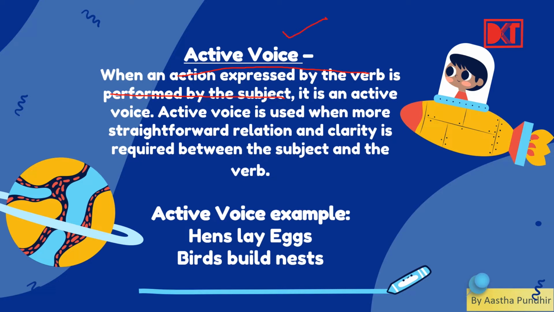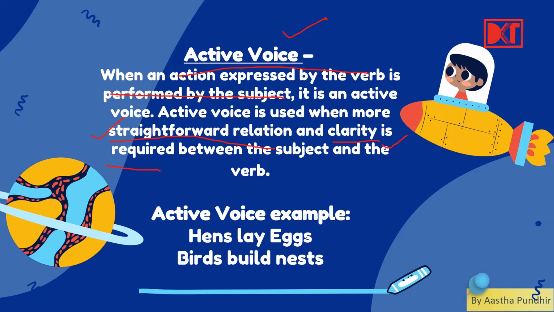So active voice is used when more straightforward relation and clarity is required between the subject and verb. मतलब active voice हम use करते हैं जब हमें straightforward sentence relations बताने हैं, एक subject और verb में clarity चाहिए. Alright, now you will see these are pretty straightforward sentences.